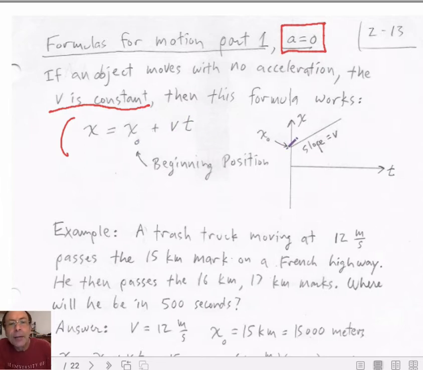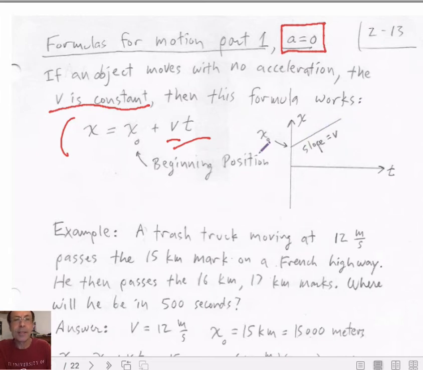Now, if we make a graph of this formula, it's going to be a straight line graph, and the slope of this graph is going to be v. If the velocity is positive, it'll be a positive, upward-going slope.